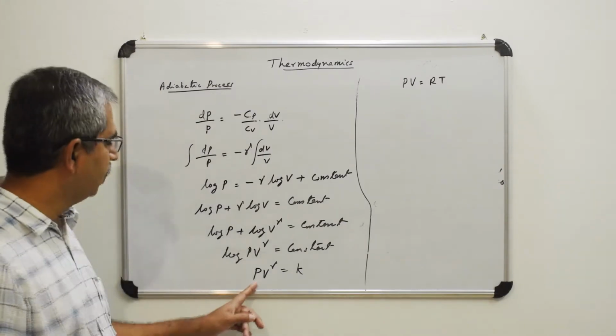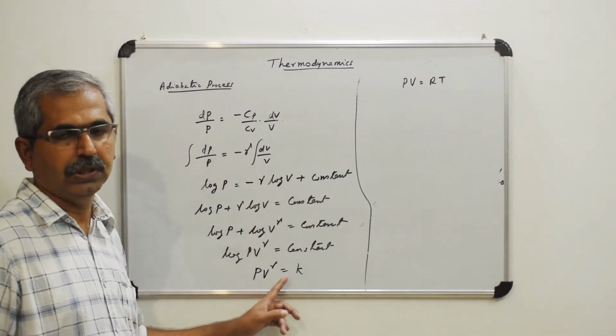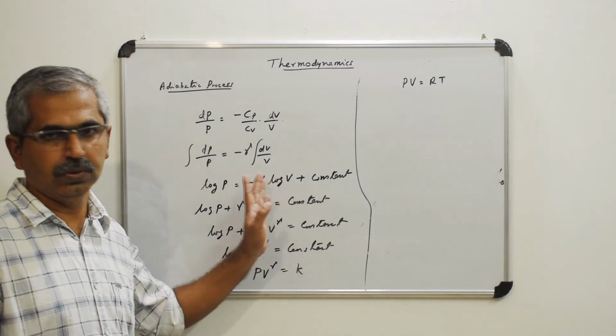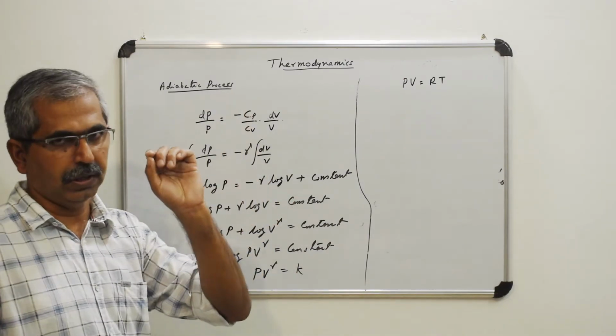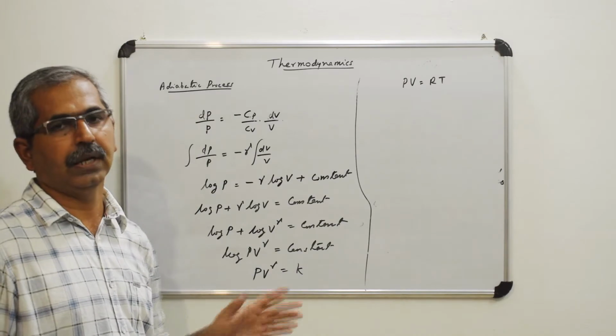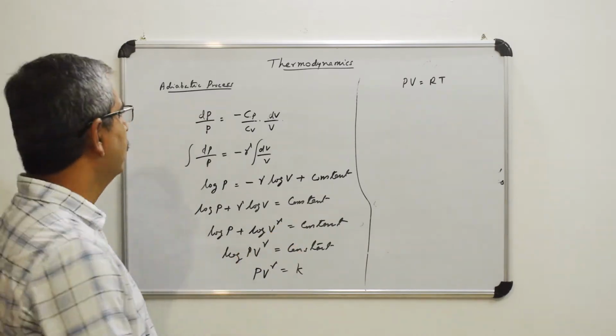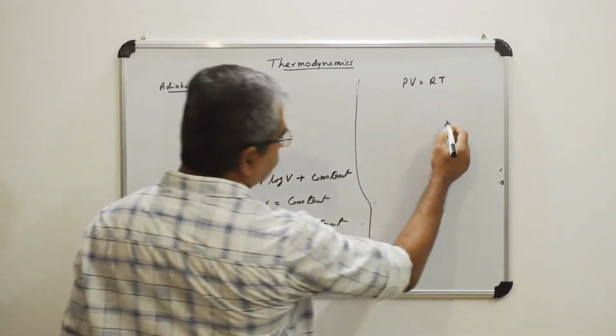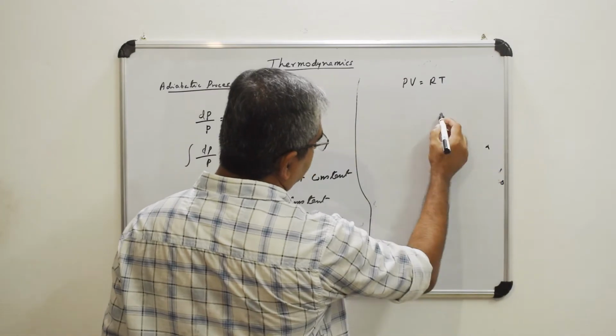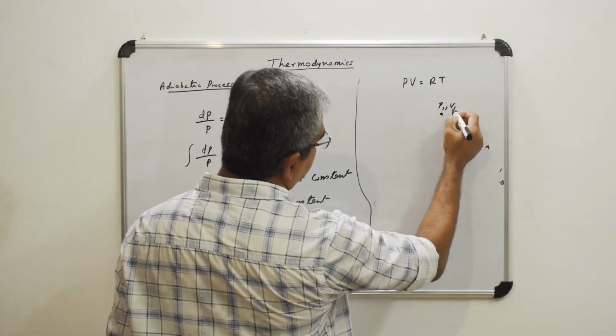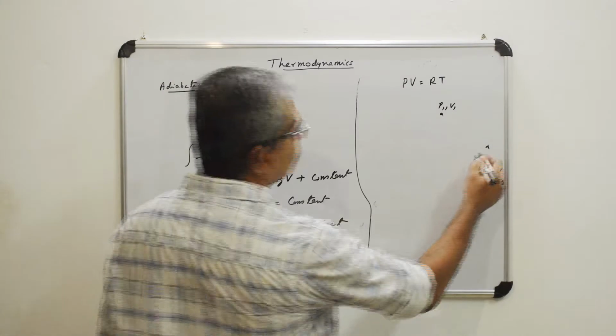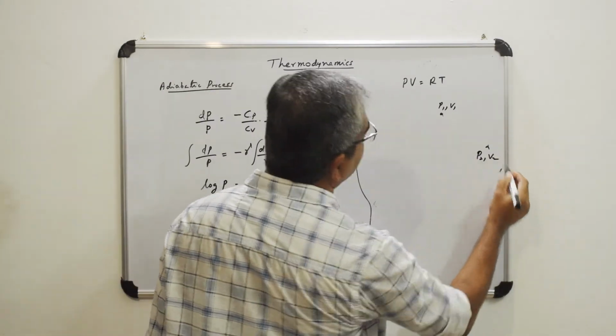You can write it simply as a constant. That means P1 V1 raised to gamma is equal to P2 V2 raised to gamma. Suppose a gas is undergoing an adiabatic change from one value to the other value. Okay, so we have P1 V1 at this point and P2 V2 at this point.